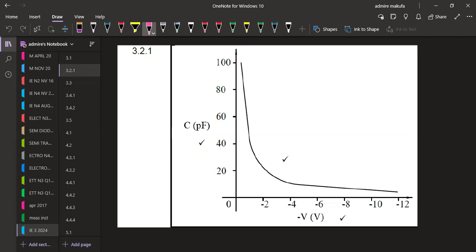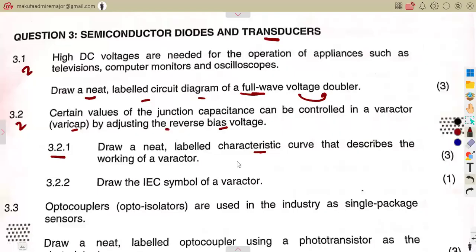And the other part, they need you to have the symbol of a varactor. On 3.22, you need the circuit symbol. Remember, this is just a diode with that variable capacitor condition like this. So you're gonna have your capacitor here, then you just draw something like that.